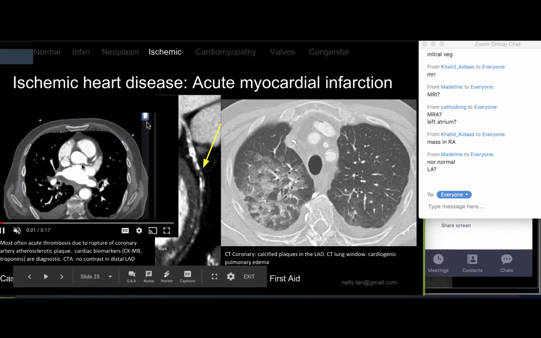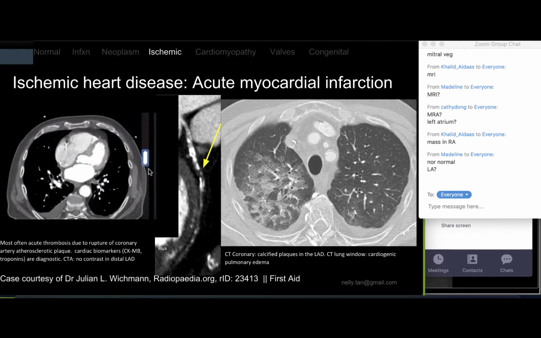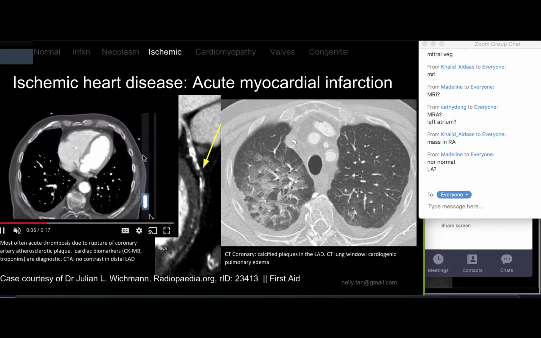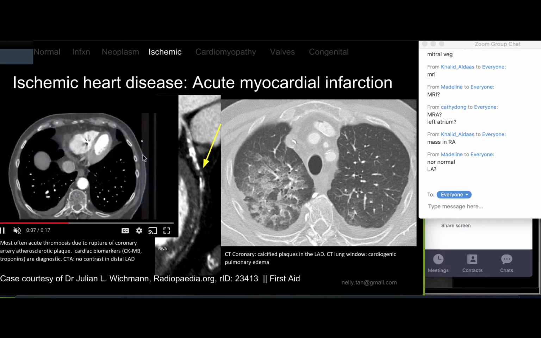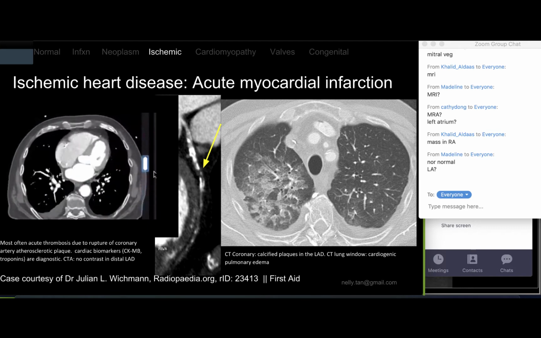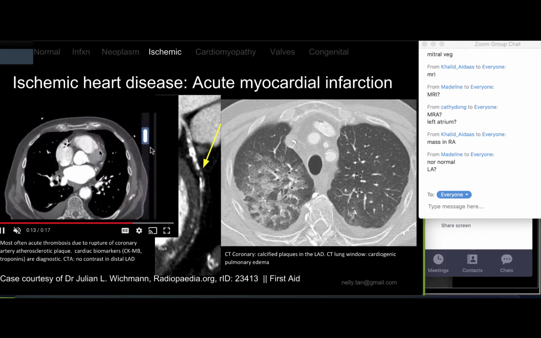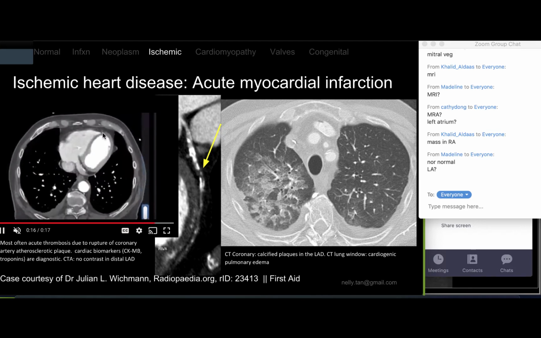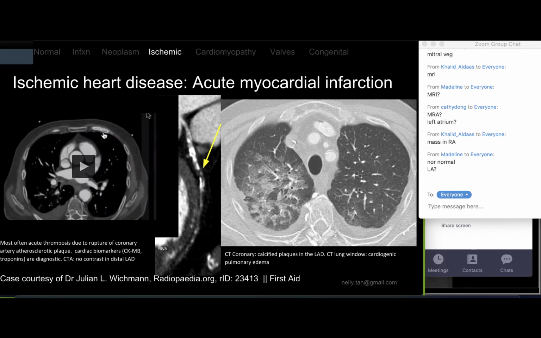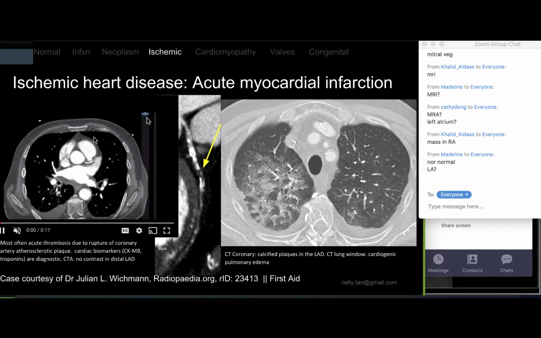So ischemic heart disease. Here is what we call a coronary artery CT. This scan is optimized to look at the coronary arteries. Patients get a beta blocker to slow the heart rate. The LAD is anterior.